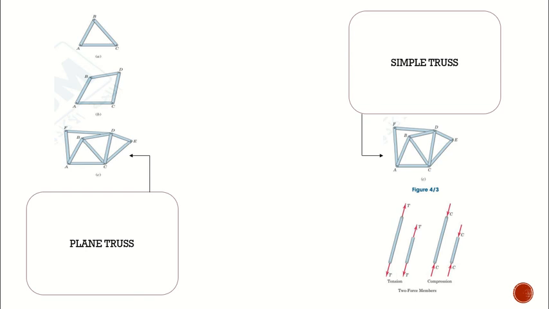A two-force member is one in equilibrium under the action of only two forces. The members can be in tension or compression. If the weight is not negligible, we must account for its small effect. We can replace the weight W of the member by two forces, each W/2, acting at each end of the member through the connection and support.